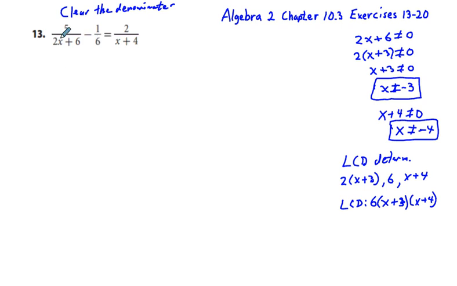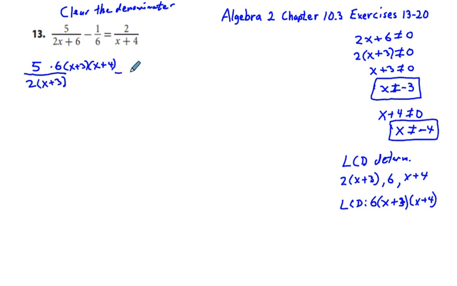So we're going to rewrite this rational equation here. So we put 5 over 2 times quantity x plus 3, and we're multiplying this by 6 times quantity x plus 3 times quantity x plus 4.